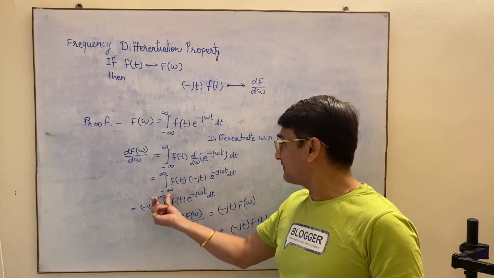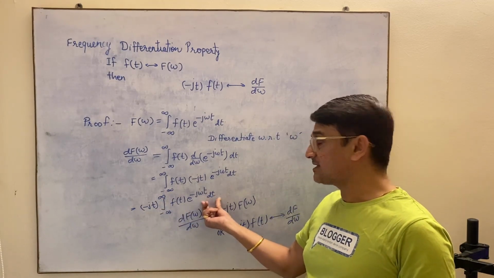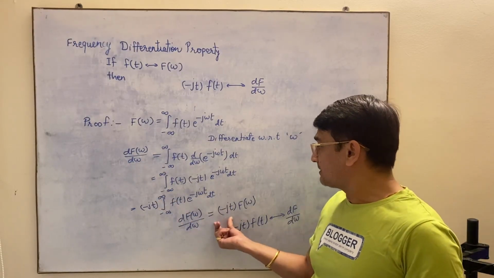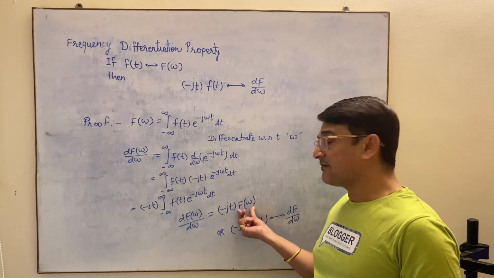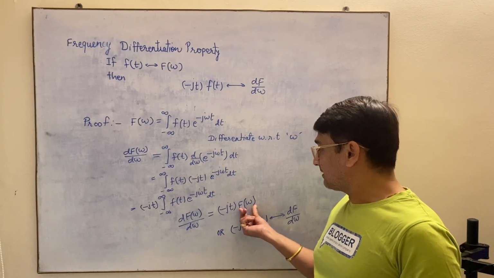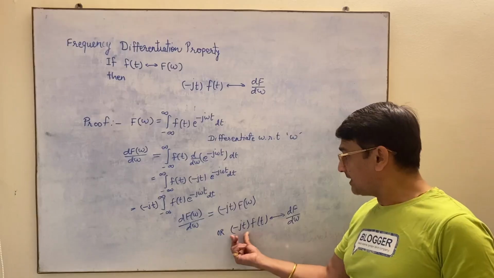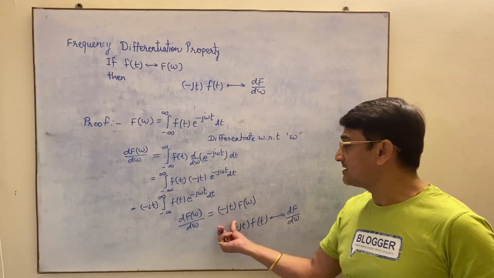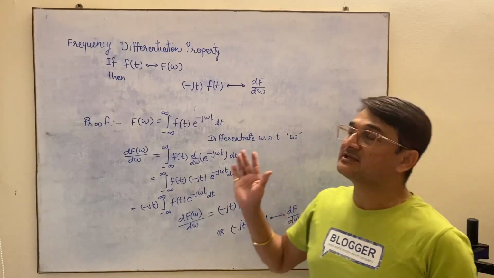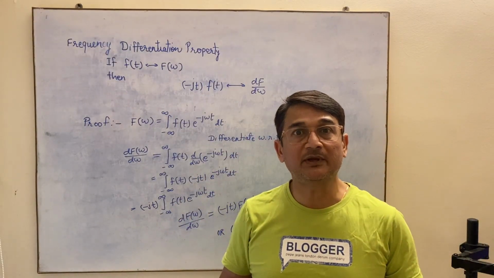It becomes the integral from minus infinity to infinity of f(t) e^(-j omega t) dt, so dF/d omega equals -jt F(omega), where F(omega) is the Fourier transform of f(t). So I can write this way: -jt f(t) has a Fourier transform dF/d omega. This way the frequency differentiation property can be explained.